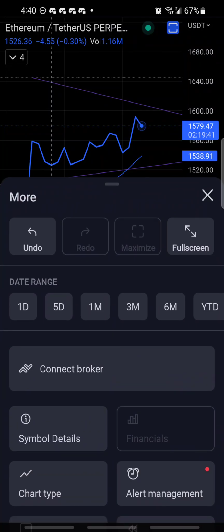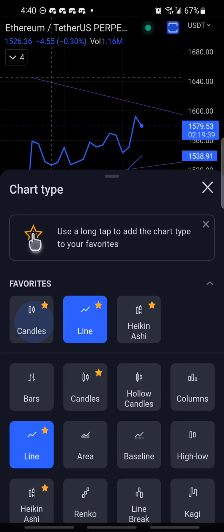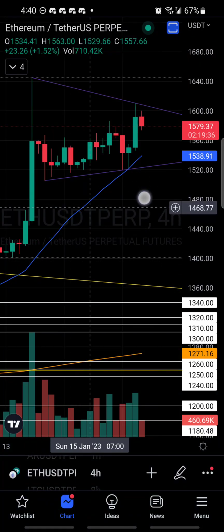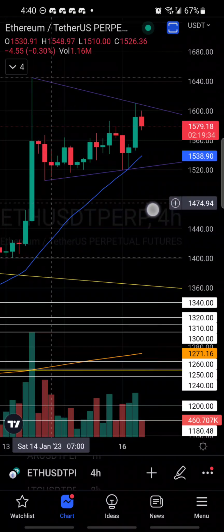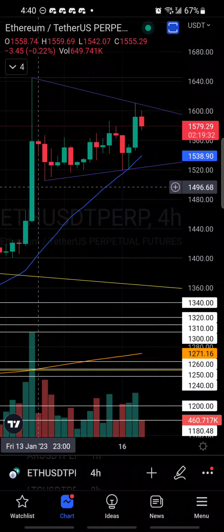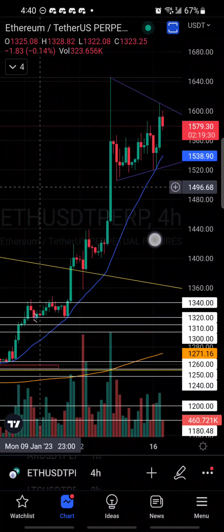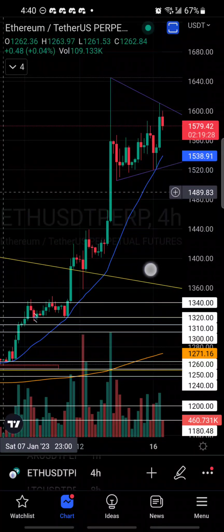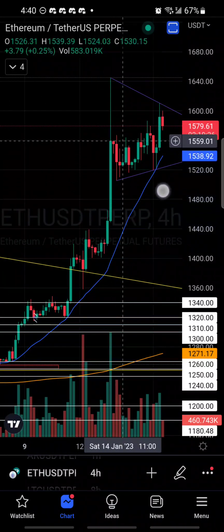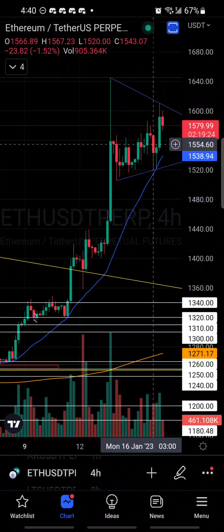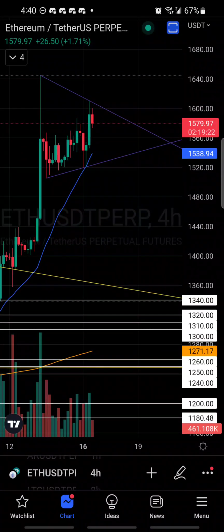When I turn the candles back on, boom, you'll see that what we have here is a sort of wedge formation, which is really common. A lot of times if you have it go up like this and it starts creating a flag or bull flag or something like that, very common.